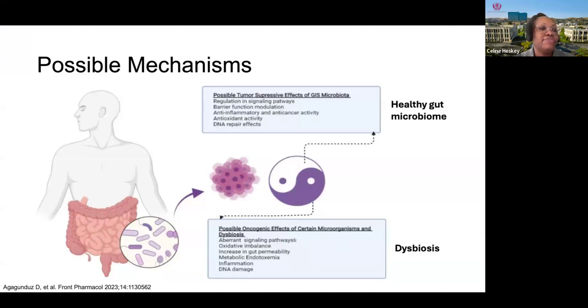Also, it increases inflammation and may also damage the DNA, versus a balanced gut microbiome may decrease the risk of cancer. Some of the ways that cancer risk may be reduced include protection of the gut barrier function, reduction in inflammation and oxidation, and DNA repair.